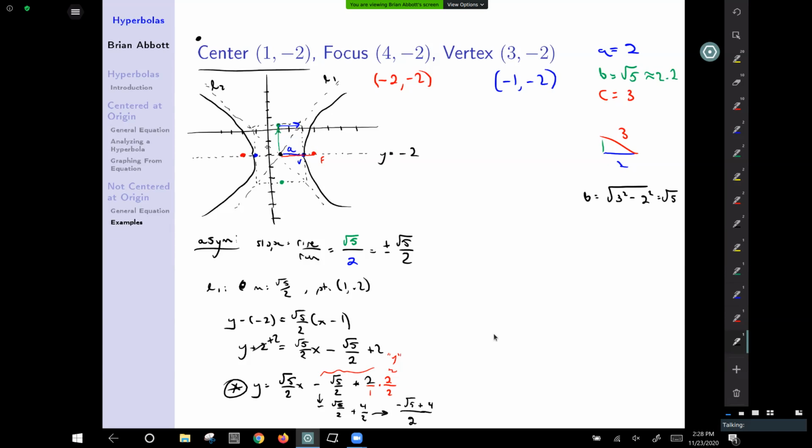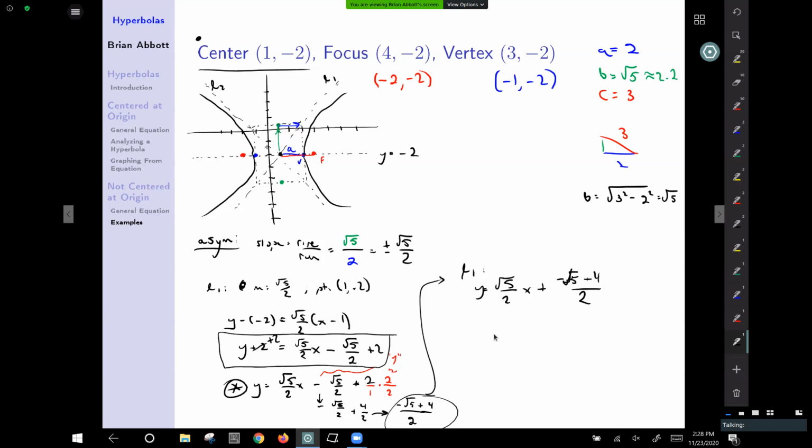So we could write our L1 equation as y equals root 5 over 2 x plus (negative root 5 plus 4) over 2, because you're adding this entire quantity on. You know what? Just leave it like the previous form, unless you're explicitly instructed to change it. But that's okay, it was good to have seen and done.